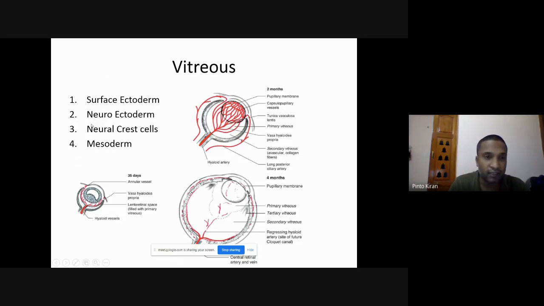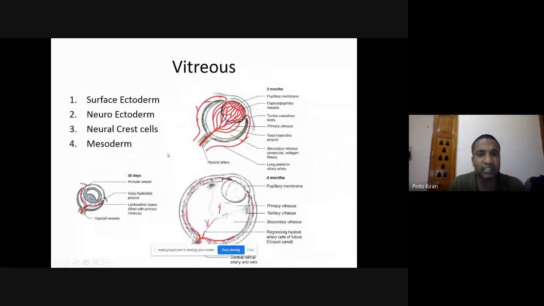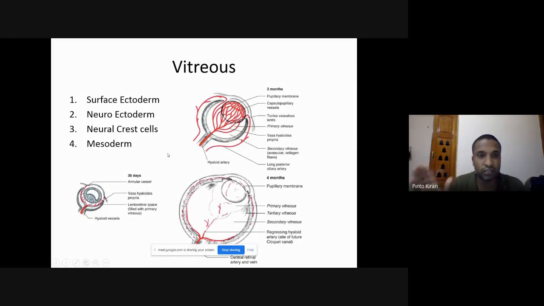If you remember, the surface ectoderm, neuroectoderm, and neural crest cells are basically ectoderm cells, which differentiate into different tissues. So basically the eye develops only from ectoderm and mesoderm, not from endoderm. That you have to keep in mind.